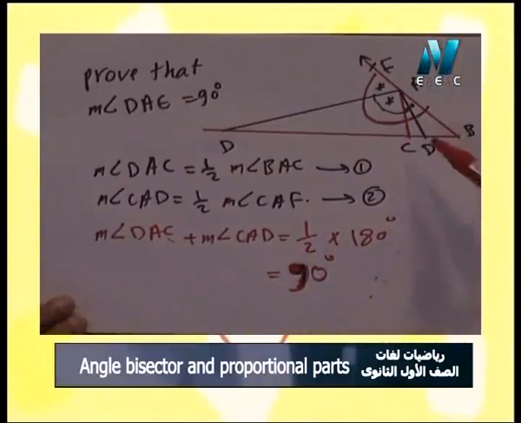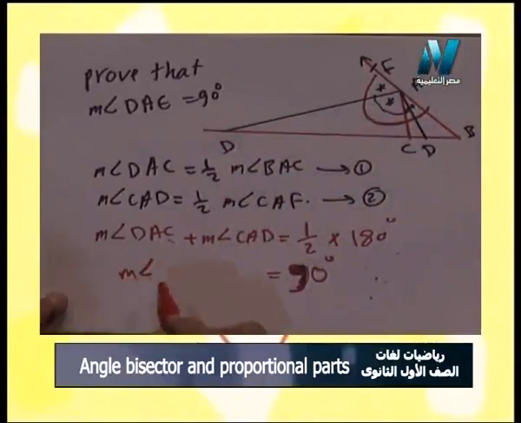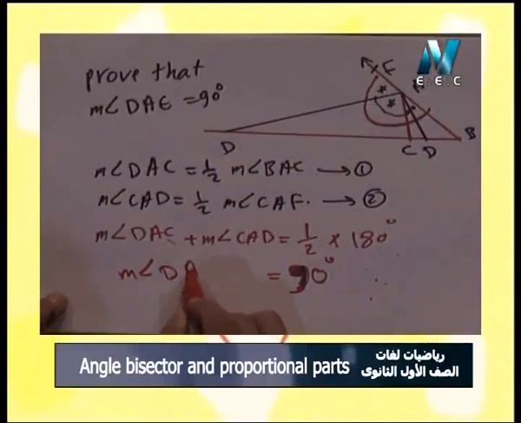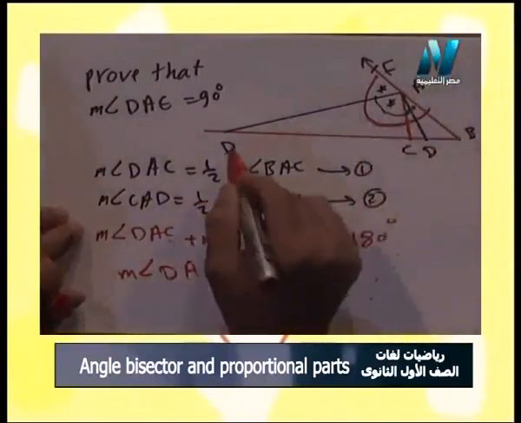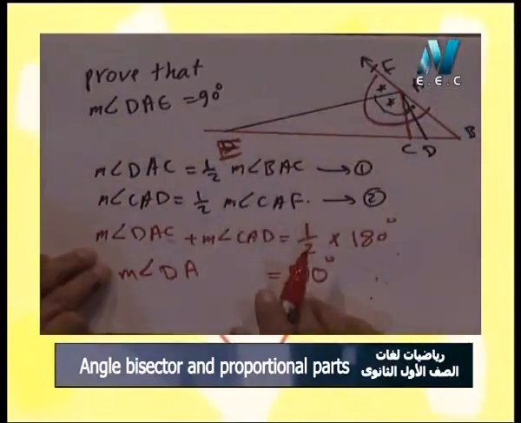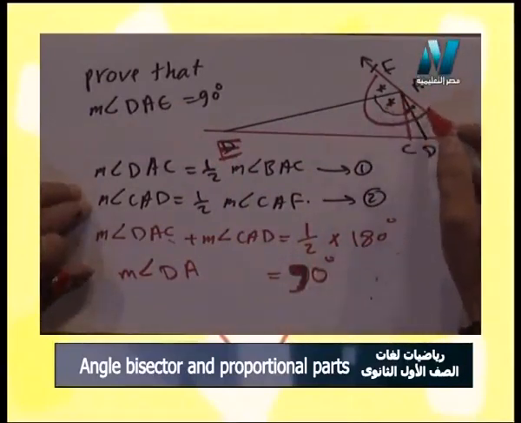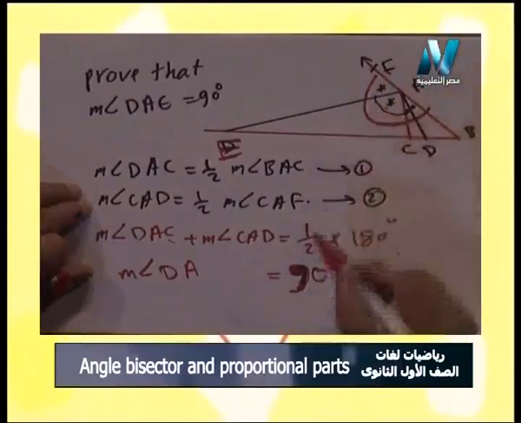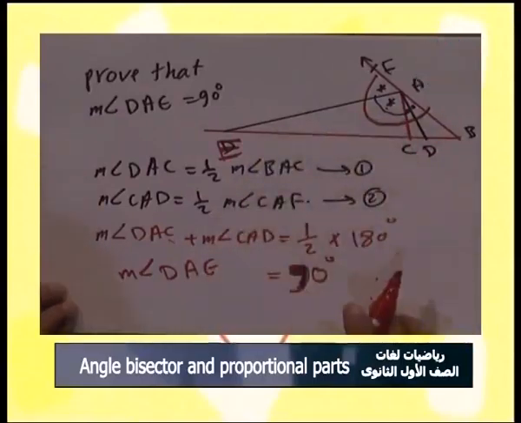So the angle DAE, which is the sum of these two angles, measure of angle DAE, sorry about that, we have this angle plus this angle, half the whole angle, which is 180, so it's 90 now. So we can say that DAE equals 90 degrees.